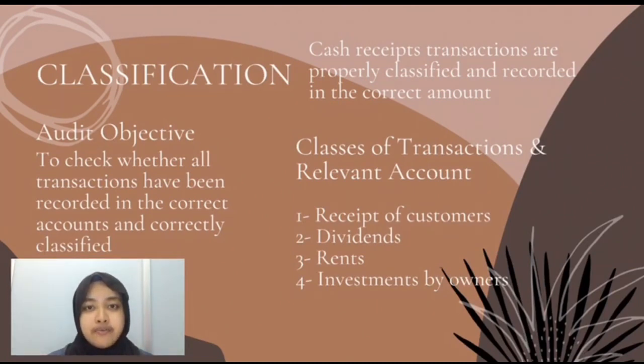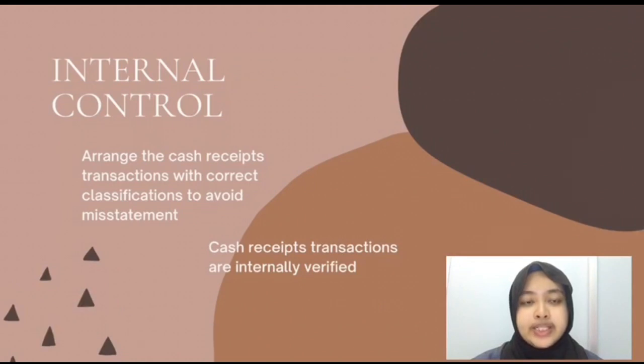For classes of transactions and relevant accounts: first, receipts from customers, second, dividend, third, rent, and fourth, investments by owners. For internal control, arrange the cash receipts transactions with correct classifications to avoid misstatement, and cash receipts transactions are internally verified.